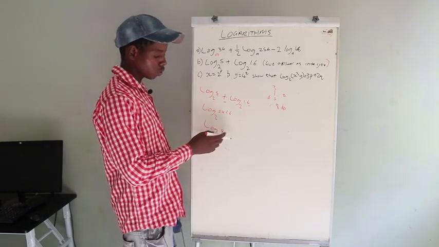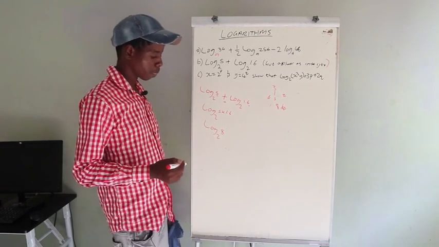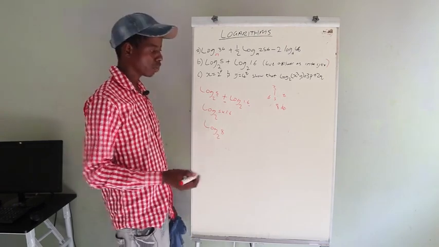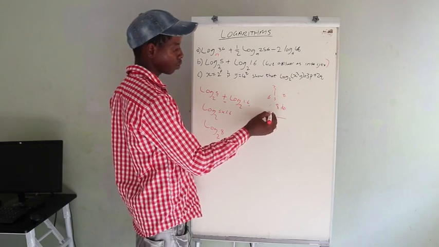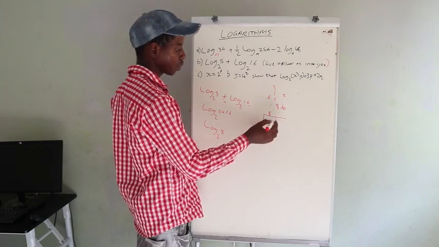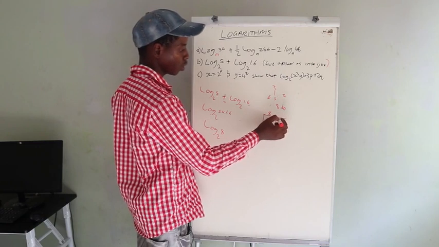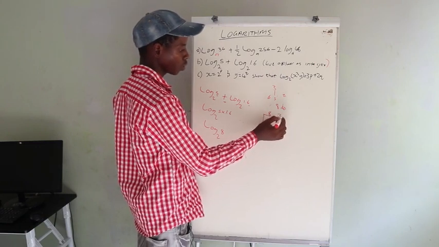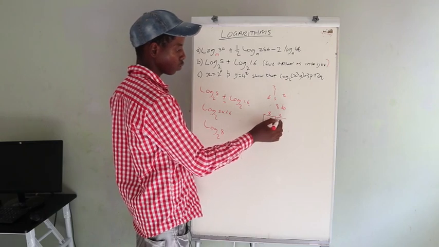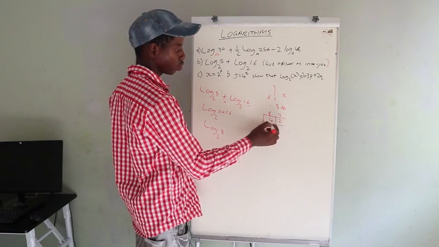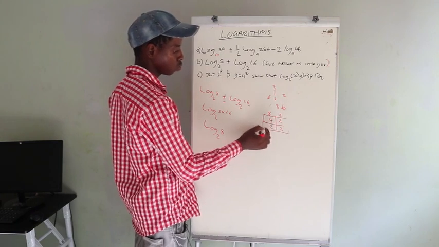So now we have this 8. Let's pay attention. Remember, expressing numbers as a product of its primes. So for 8 we divide by 2 to get 4, divide 2 into 4 to get 2, and 2 goes into 2 once.